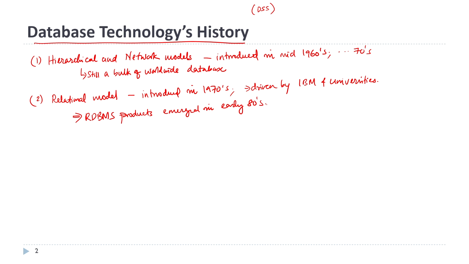So, the relational model, which is the most popular one, is mostly used by DSS. The corporate DSS uses mostly the relational model.